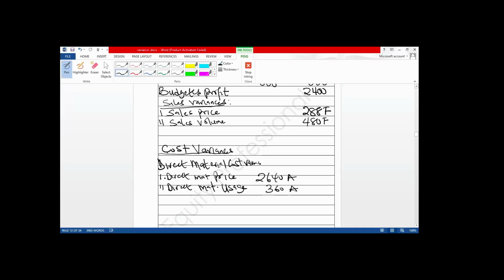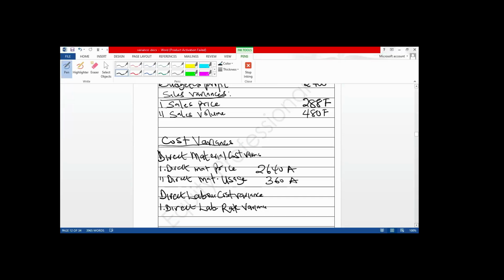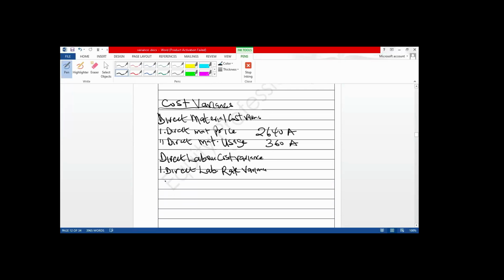We now come to direct labor cost variance. You can divide this into 2 also. 1, direct labor rate variance. And you have direct labor efficiency.